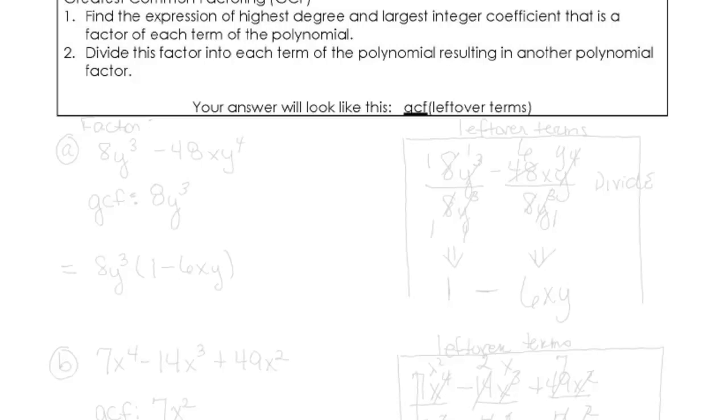Your GCF wouldn't be b to the fourth, okay, because remember, let me just write this out for a second. Here we have 4 b's, and we can do our a's too. You want to look for something that's common that can be factored out.